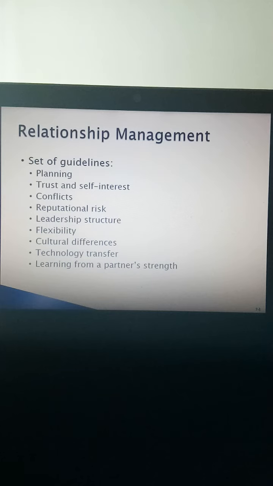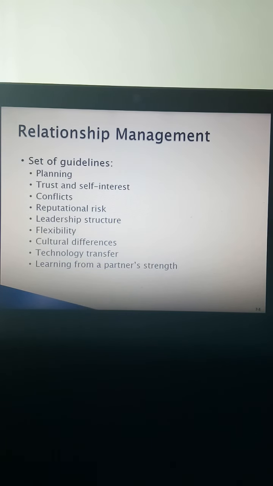Firms must identify commercial sponsors, for example, to help or to add value, appoint a team to achieve the transfer, and also build transfer mechanisms into the plans. So firms must have a common technology which brings the firms to a better stage. Okay, the last guideline, guideline number 9, is learning from a partner's strength.